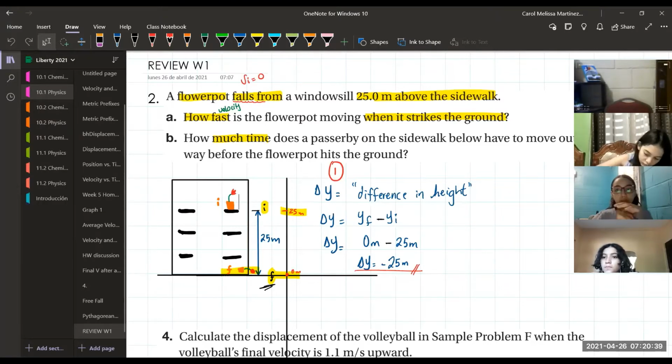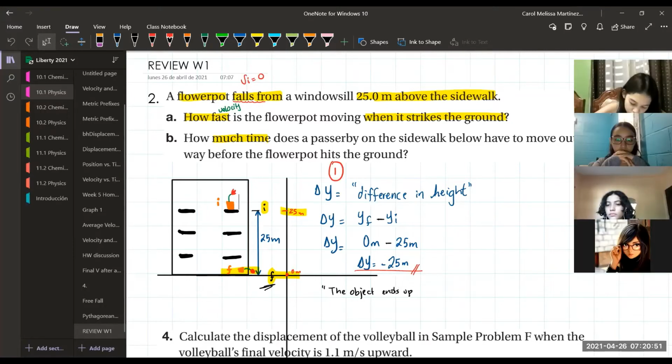Sometimes what I do, I skip this step because what I analyze is this. The object ends up below the first position. So delta y is going to be negative.